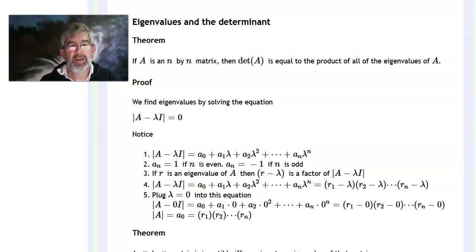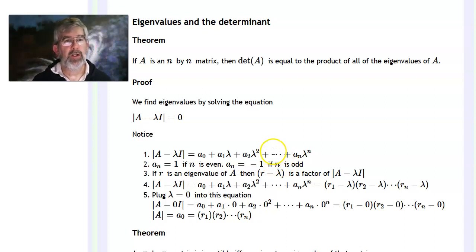Okay, so here are some things to notice about this equation. One, the determinant of A minus lambda I is equal to this polynomial. That is, when you multiply it all out, you're going to get an nth degree polynomial. Now, a couple of things. The a_n here is either plus 1 or minus 1: it's plus 1 if n is even, and minus 1 if n is odd.